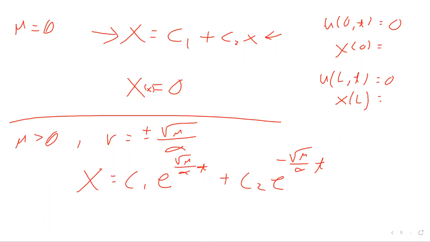Again, do your initial conditions. So we'll plug in a 0, see what happens. Plug in an L, see what happens. And it actually turns out our X equals 0 again. So again, fairly uninteresting.